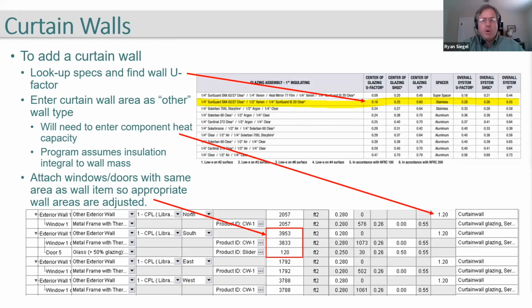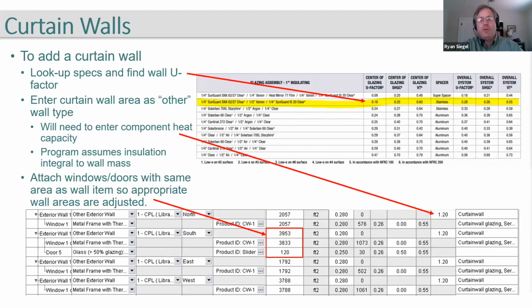What we're noting here is making sure you're using the assembly U factor and not the center of glass. It's not uncommon to see two U factors for the assemblies, and frames are typically much lower performing than the glass itself that is installed.